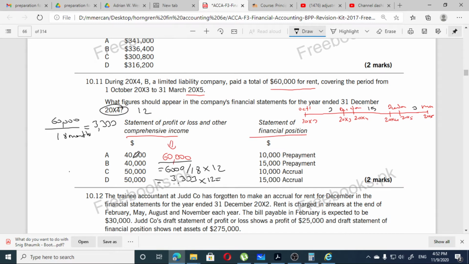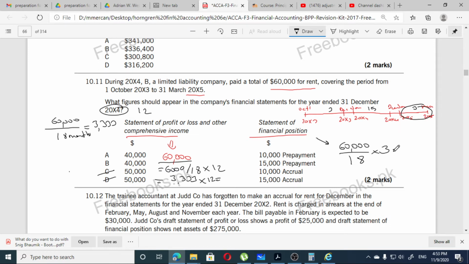So our answer is A or B, not C or D. But we have either a 10,000 prepayment or a 15,000 prepayment. We paid in advance for 2005, this period of 3 months.